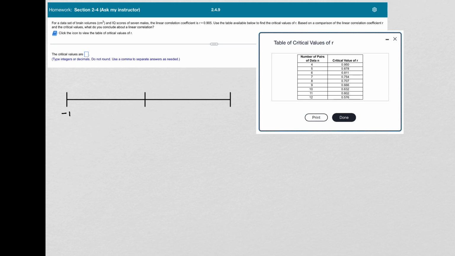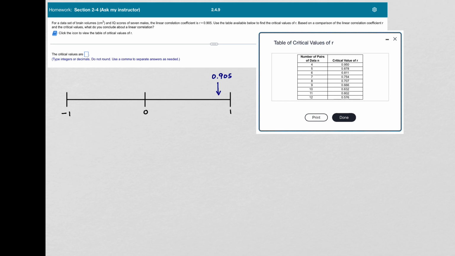And this is -1, 0, and 1, because the values of R can only range from -1 to 1. Now we know that in our particular case, the linear correlation coefficient is right about here at 0.905. Now, that would seem to indicate a positive linear correlation because it seems very close to the number 1.